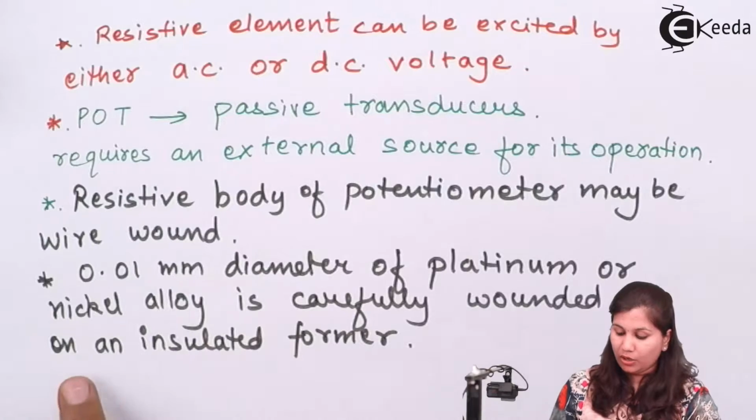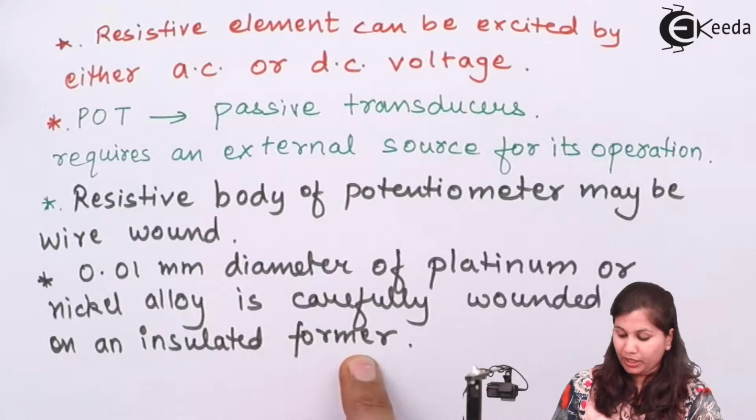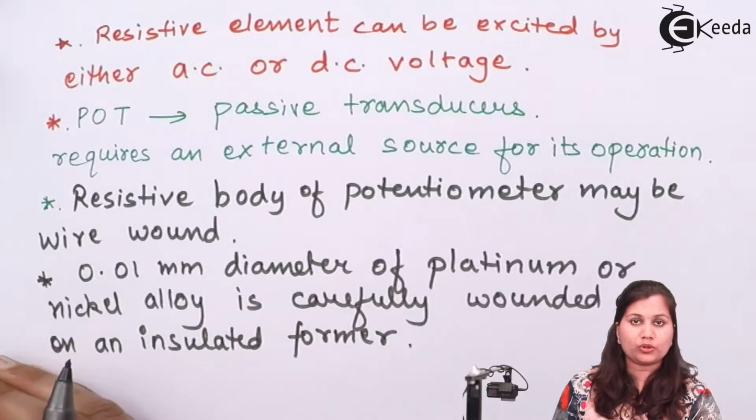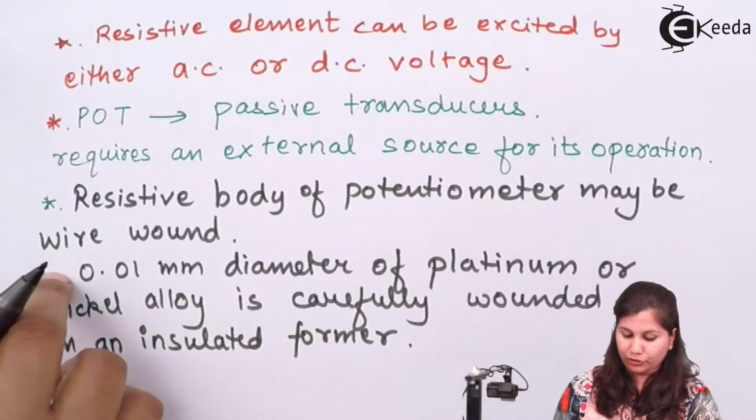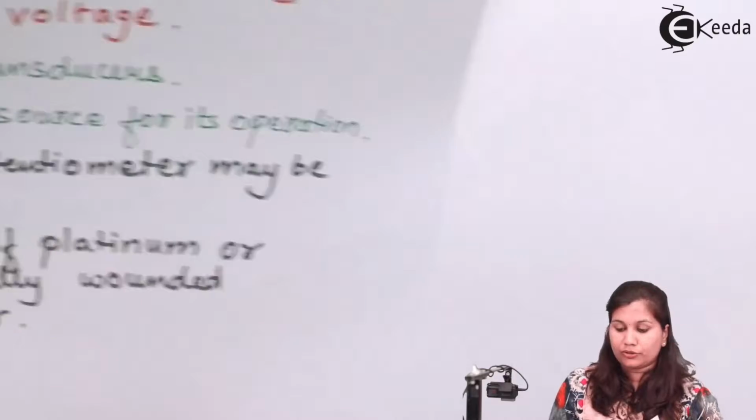It is wound on an insulated former. There are also other alloys which can be used for making the resistive body of the potentiometer. So this was just about the construction of the potentiometer, and what the various parts in it are.